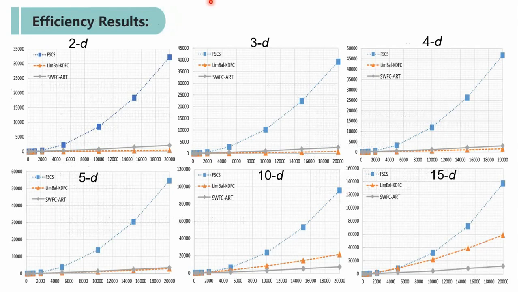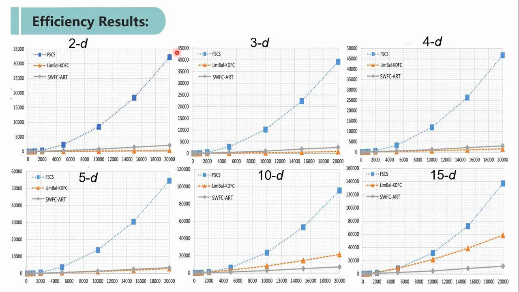Here are the efficiency results in simulations, and we can see that from 2-dimensional to 4-dimensional input domain the results are similar. In the first place, FSCS-ART has huge computational cost, where x-axis represents the number of test cases to be generated and y-axis represents the time taken to generate those test cases.